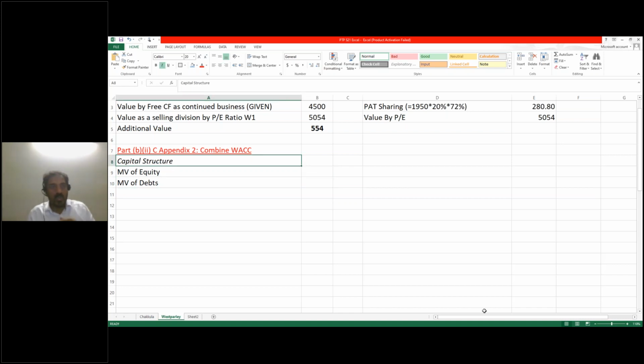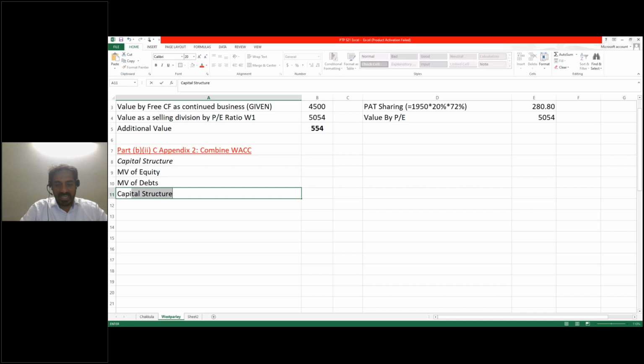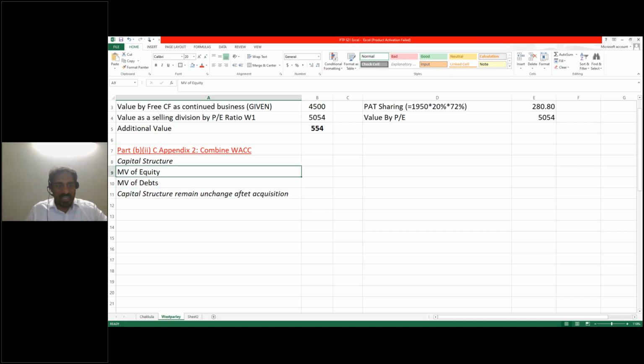Here, the examiner says that West Parley is acquiring Met Travers company, and the capital structure remains unchanged. You have to mention that assumption after acquisition. So we can take simple market values.